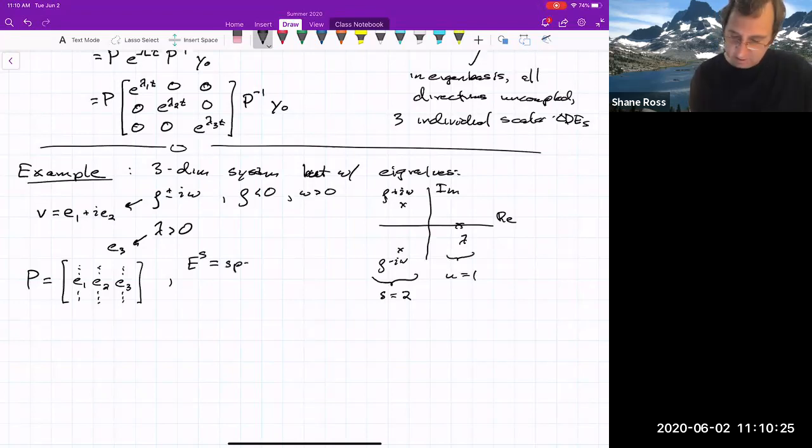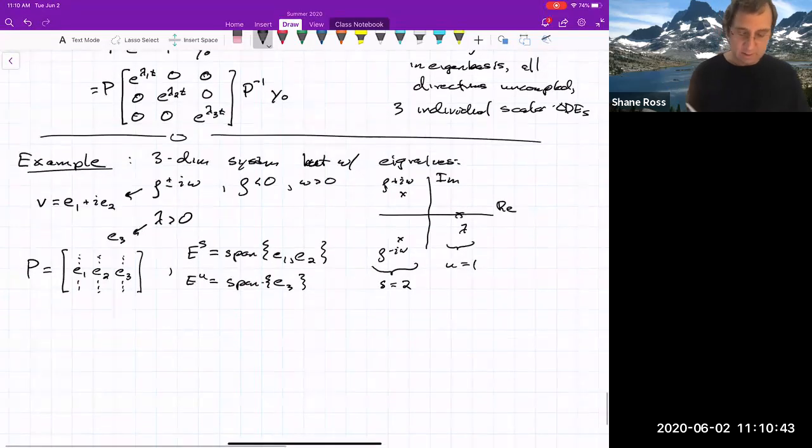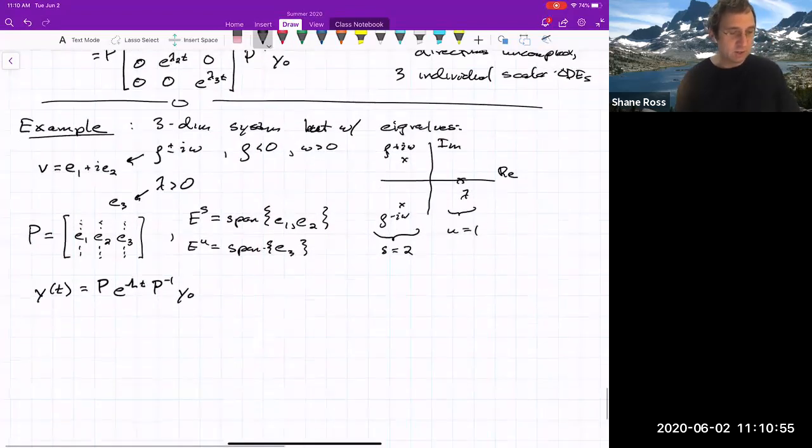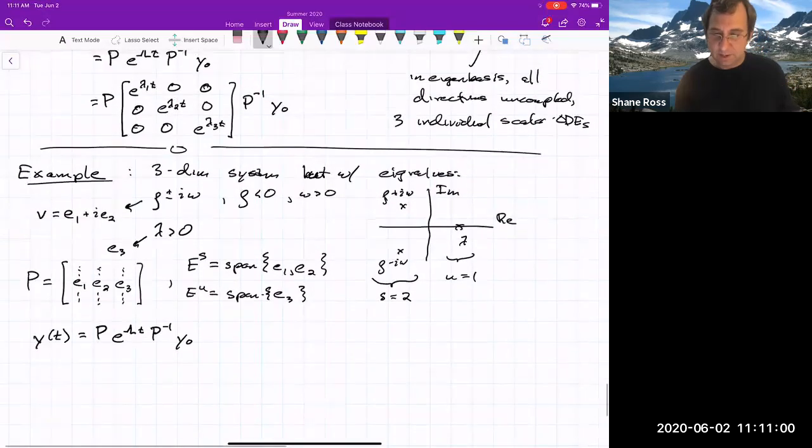The stable subspace is the span of E1 and E2. It's 2-dimensional. And EU is the span of just E3. It's 1-dimensional. All right. Y as a function of time is going to be P e to the lambda t P inverse times the initial conditions, where now it might not be obvious.